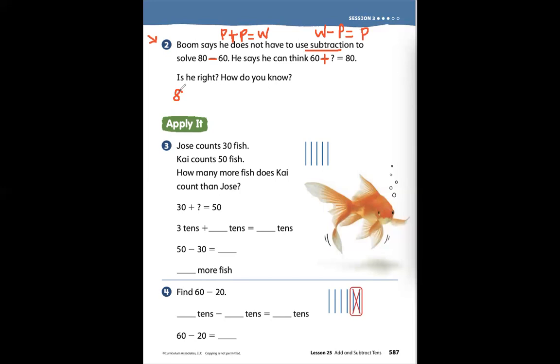So here we have 80 minus 60 equals blank. What do we know about the minus sign? This is the minus sign. Does this match the plus?